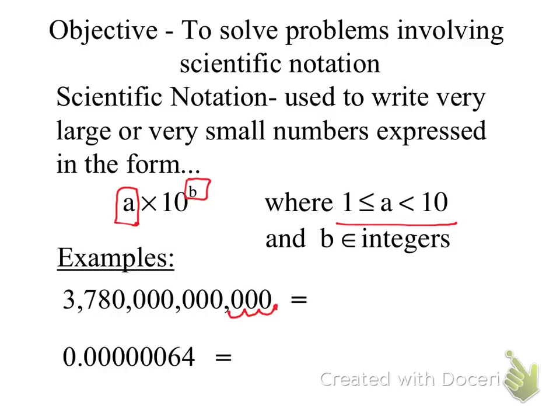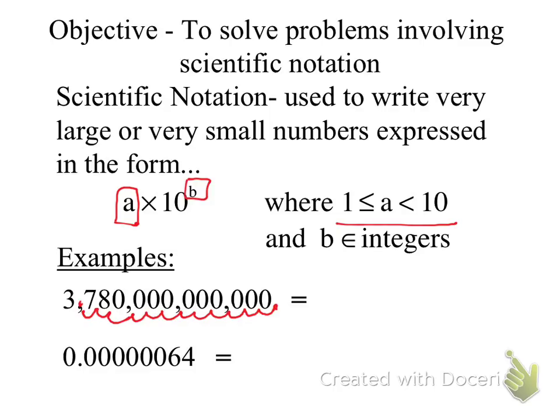I have to stop when the decimal is in a place that gives me a number between 1 and 10. So I've moved it 3 times, 4, 5, 6, 7, 8, 9, 10, 11, 12 times, and I stop.